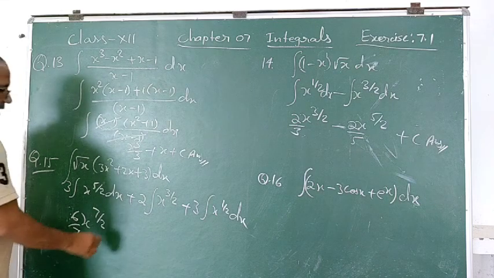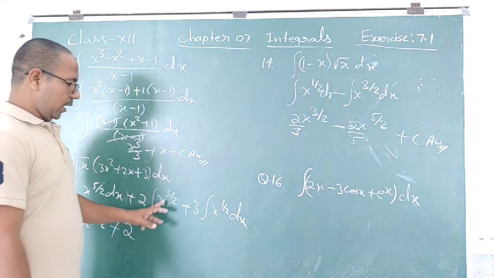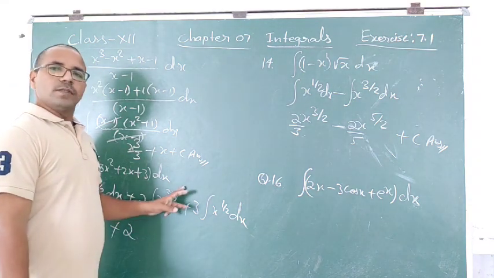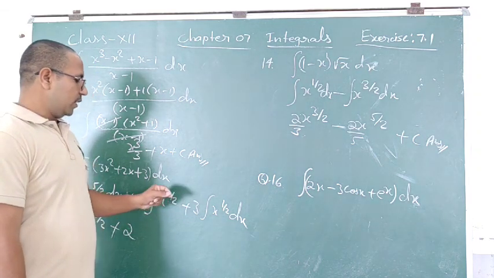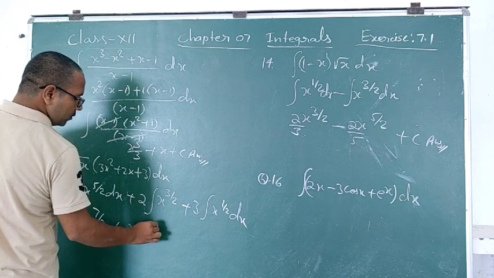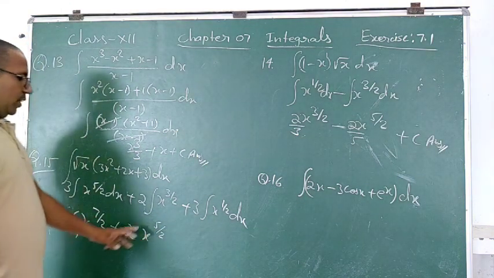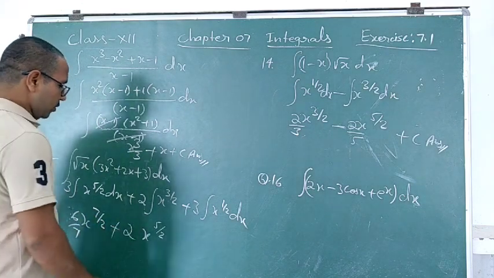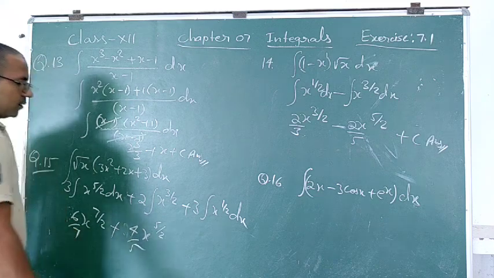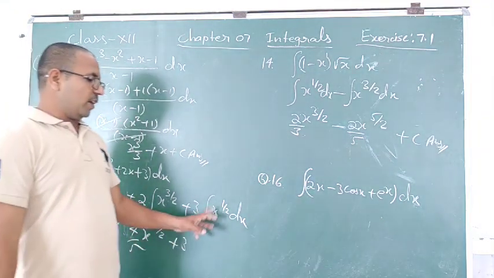Clear? So plus 2, and again use the formula x to the power n. So 3 by 2 plus 1, how much will you get here? That means 5 by 2. So x to the power 5 by 2, and 5 by 2 we are getting here, so 2 by 5, so 2 and 2 will give you 4 by 5, plus 3 x to the power 1 by 2.